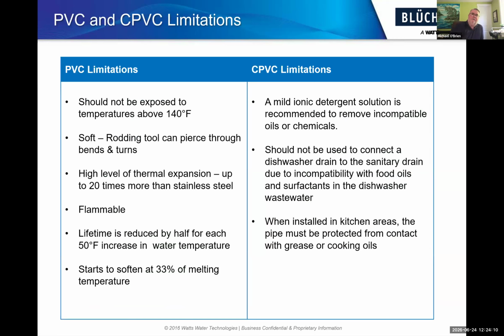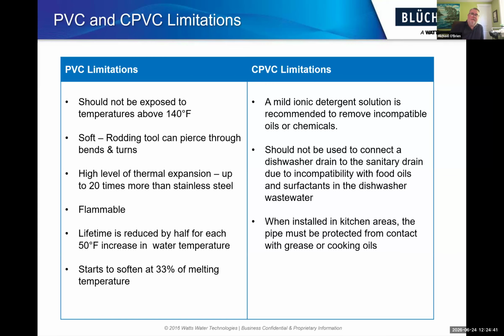So there's some limitations with the other materials. PVC is not supposed to be exposed to temperatures above 140. A common temperature for cleaning in a hygienic facility is up around 180 degrees Fahrenheit. It's been a while since I calculated it back to Celsius, but 180 is somewhere around 90 Celsius.